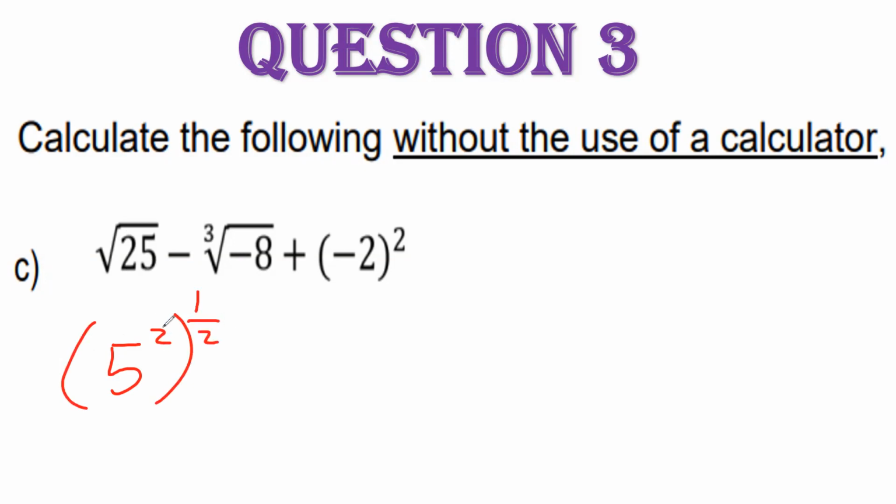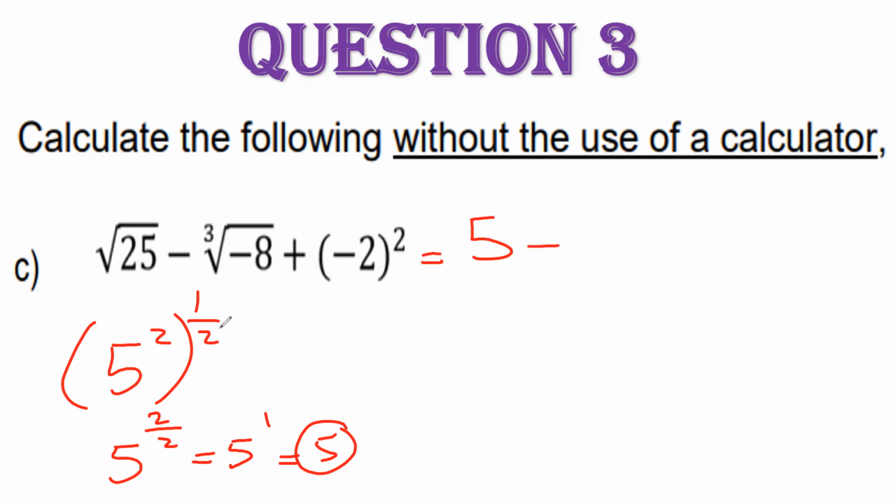So 2 times 1 over 2: 5 to the power of 2 over 2 is equal to 5 to the power of 1, and then 5. It is the long way, just to understand, but normally the square root of 25 comes out as 5. So the first one is 5.